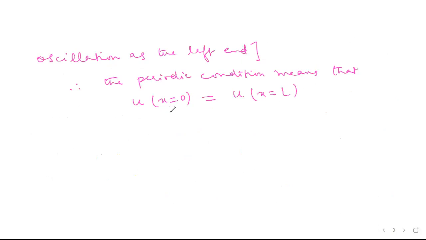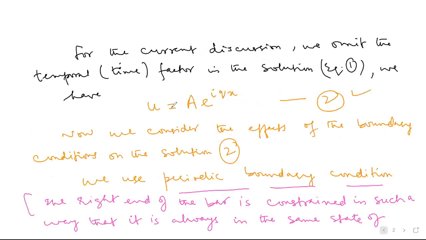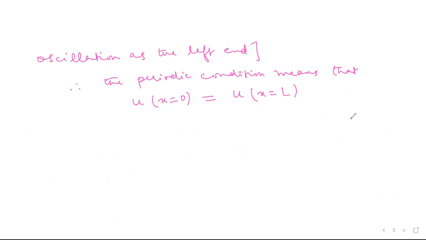So now u of x equal to 0 is equal to u of x equal to L. I name this condition equation 3.